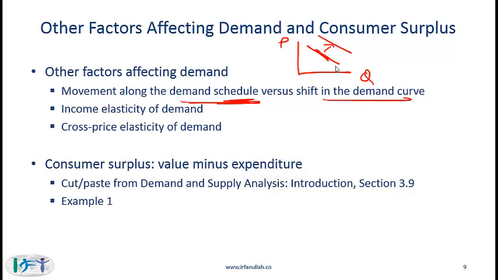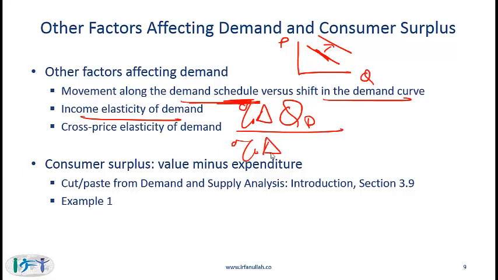If this sounds very familiar, that's a good thing, because in the first reading in economics, we studied this material in detail. Income elasticity of demand refers to the percentage change in quantity demanded relative to, or divided by, the percentage change in income. For a normal good, this will be positive.